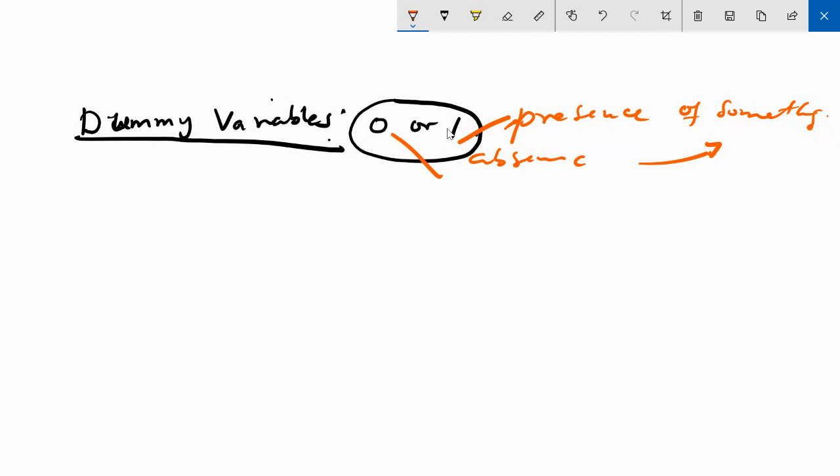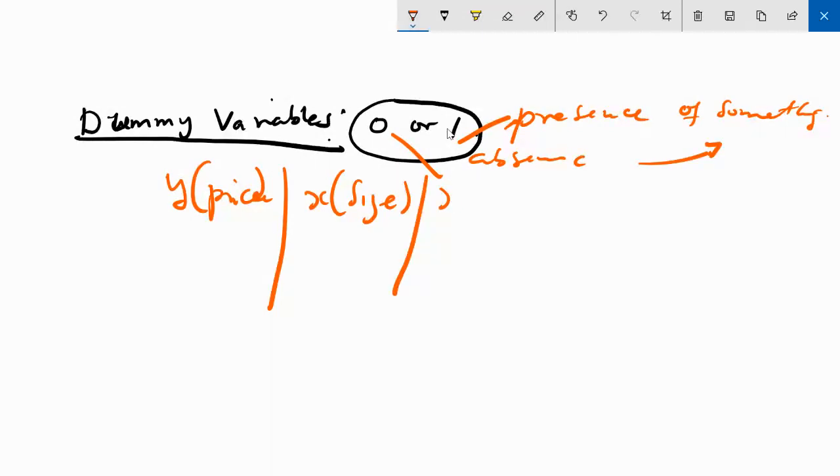Last week, we were having a question where y was the price of the house, x1 was the size, x2. X2 was what, guys? It was the swimming pool or it was x3? X2, yeah, x2 was swimming pool.